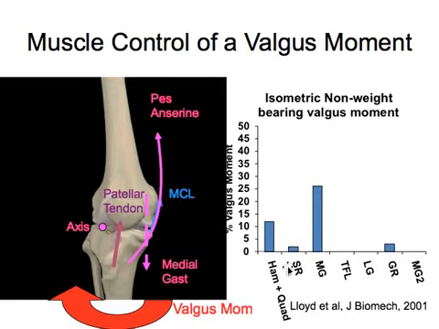So now we have the same study from before, where we looked at what closes the gap on the lateral side when you apply a varus moment. So we're asking the same question now: what muscles close the gap on the medial side when you apply a valgus moment? And so we can see here the different muscle structures. We have essentially the pes anserine muscles here, which includes the hamstrings.